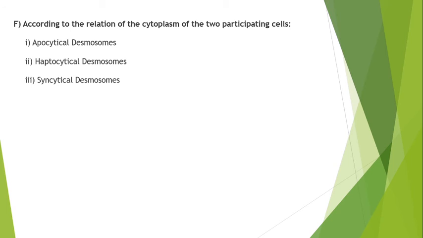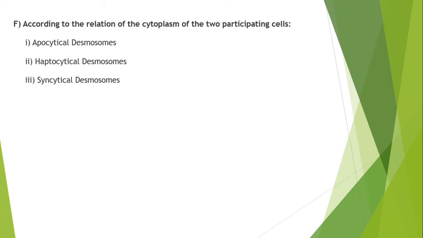Here in syncytial desmosomes, there is no membrane between two cells, and some plasmodesmata represent this type. Got it?